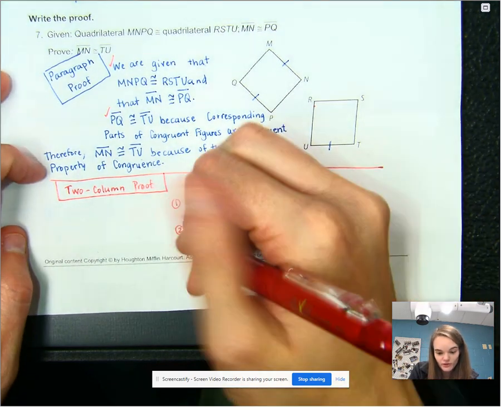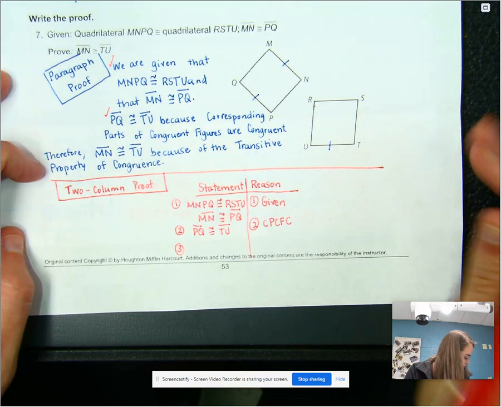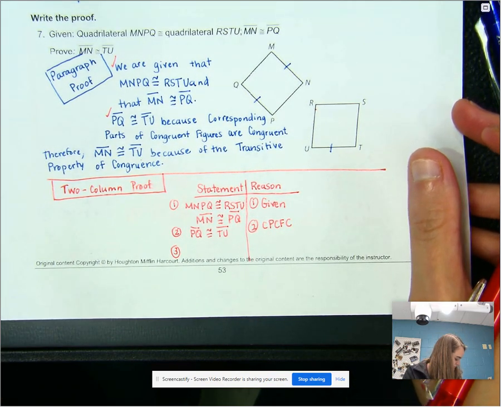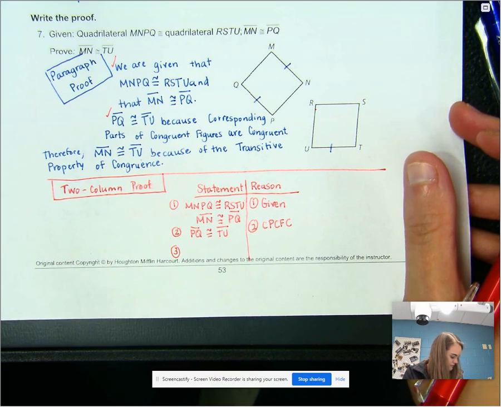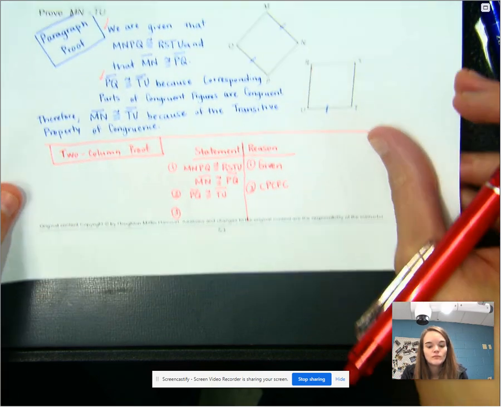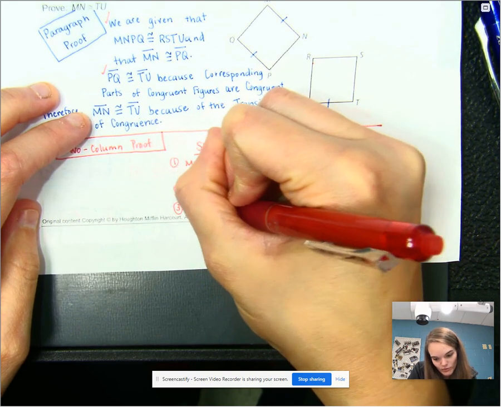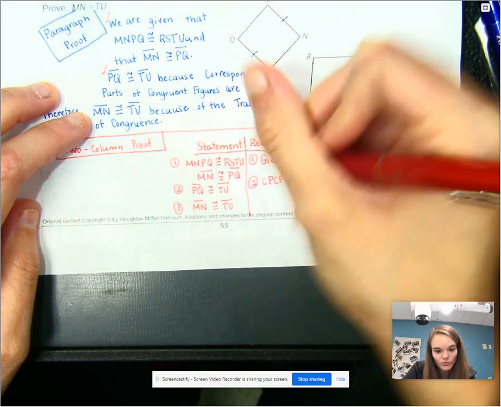Okay, third. MN is congruent to TU, which is what we were trying to prove.